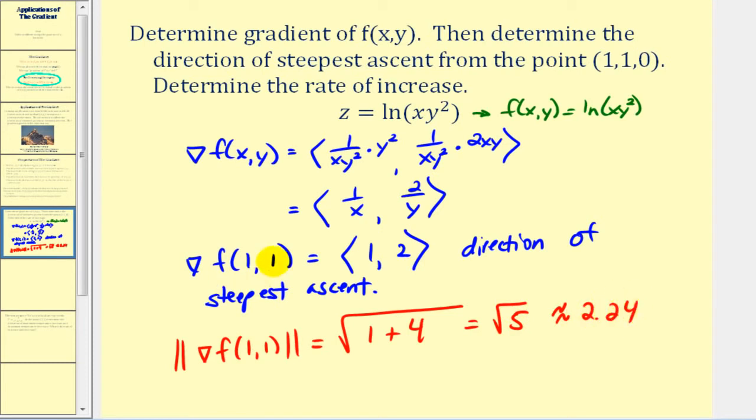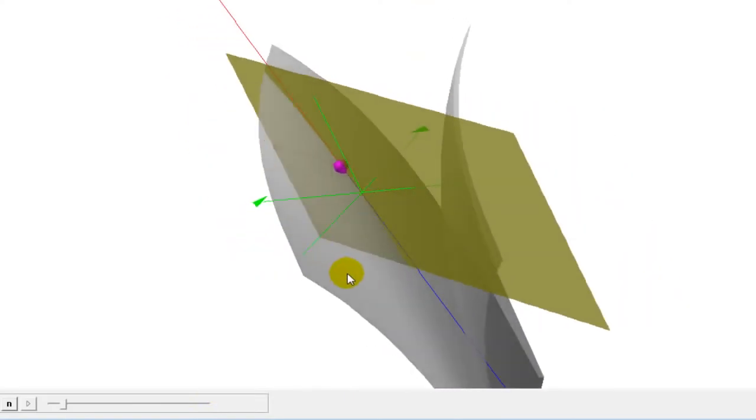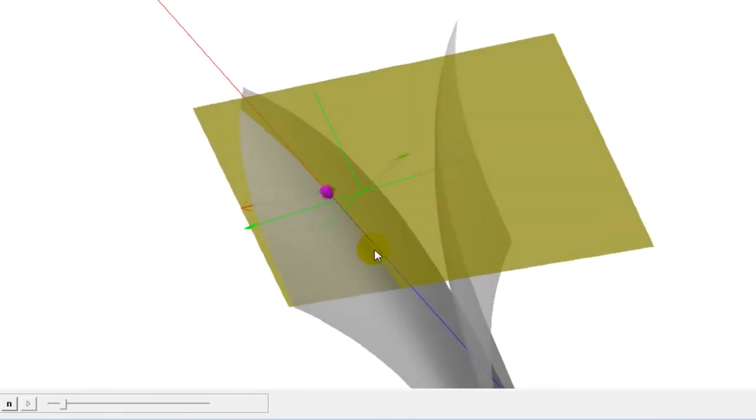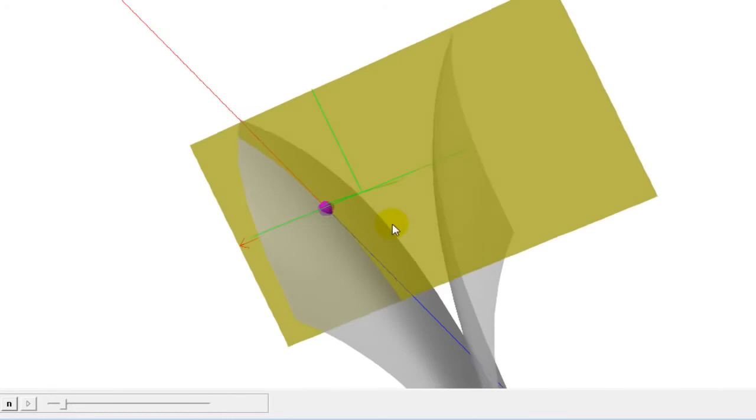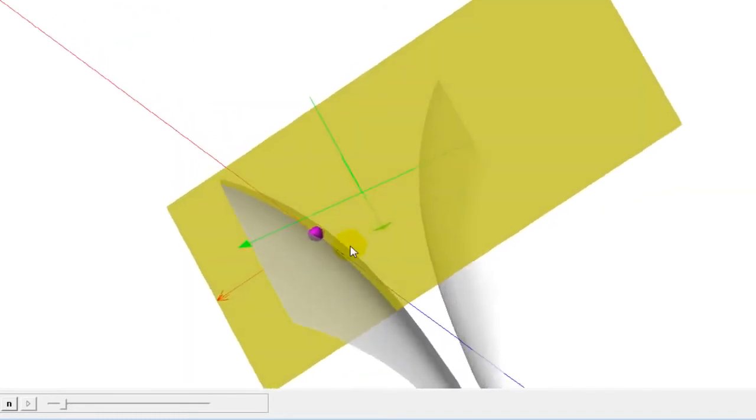Before we take a look at this graphically, remember the opposite direction of this gradient would tell us the direction of steepest descent, and the opposite of this magnitude would tell us the rate of decrease as well. And we'll show both graphically. So what we're seeing here is the surface in gray, and the point 1, 1, 0 is this purple point, and I plotted the gradient as the red vector here.